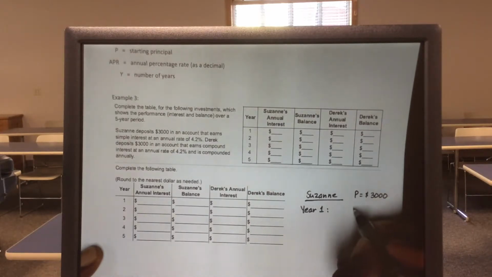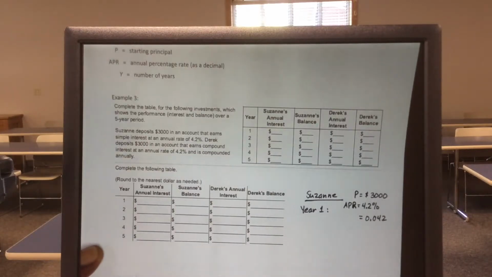And the annual rate of 4.2%, APR of 4.2%, but 4.2% as a decimal will be 0.042. Take the 4.2 and divide that by 100, you'll change that percent to a decimal. And this is going to be over 5 years, by the way.